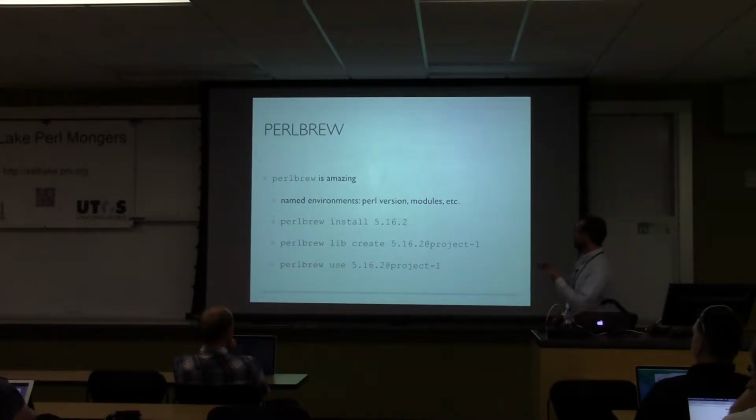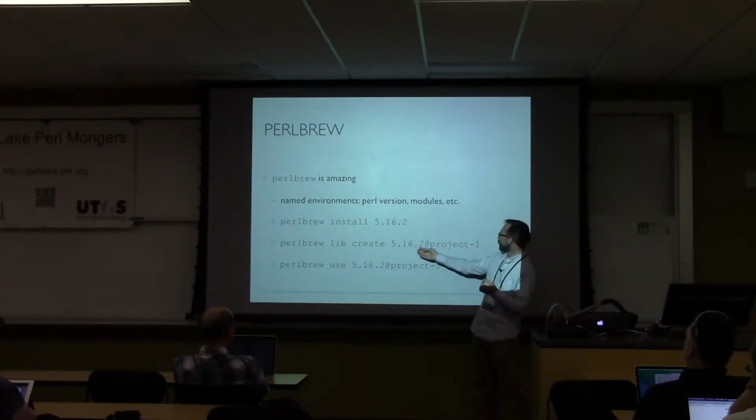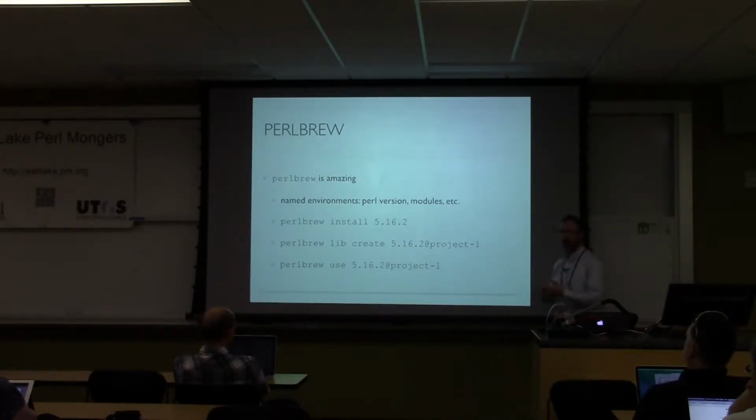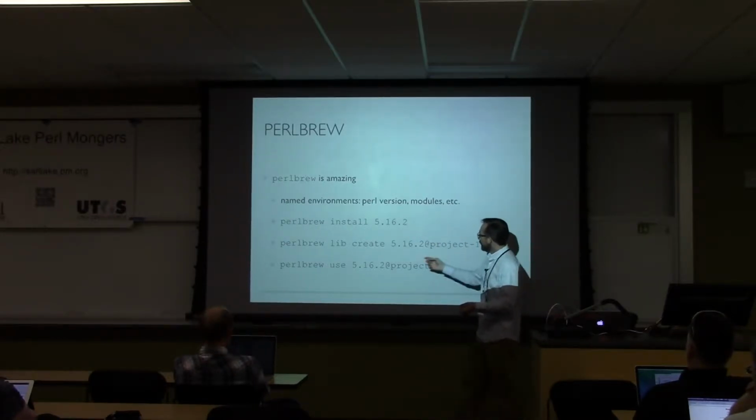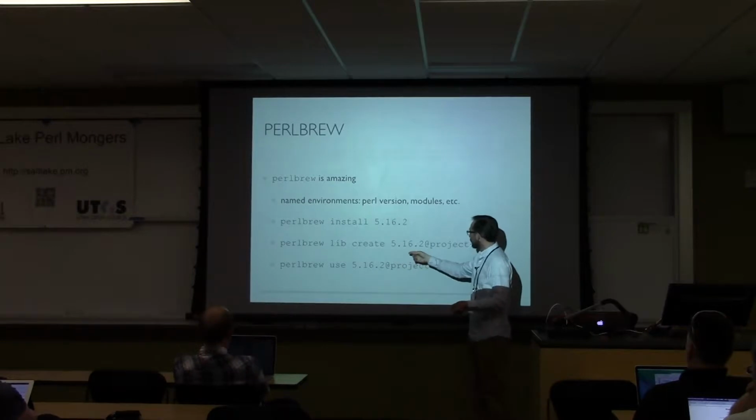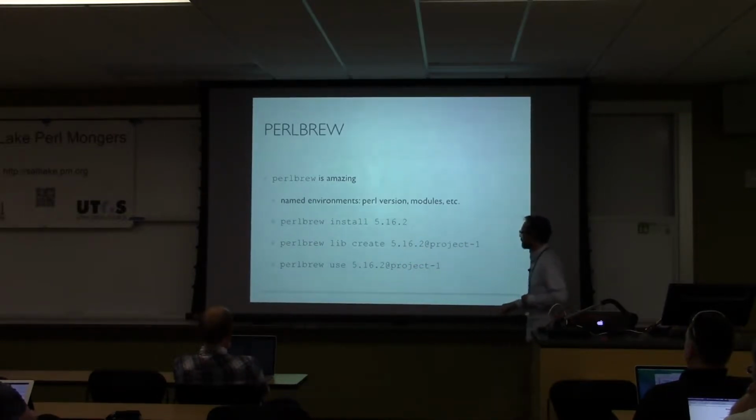I've named this one project1. If you wanted to test project1 against four versions of Perl to make sure that your application works well across many versions that need to be deployed, you can do that. You would perlbrew install the four versions of Perl, and create a lib for each of these versions and just name them project1.